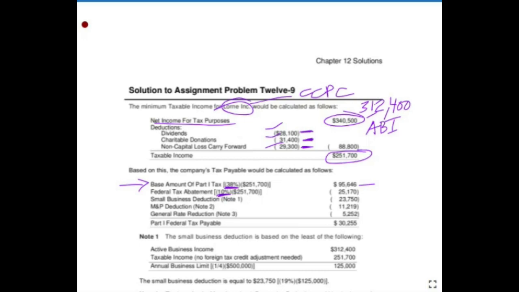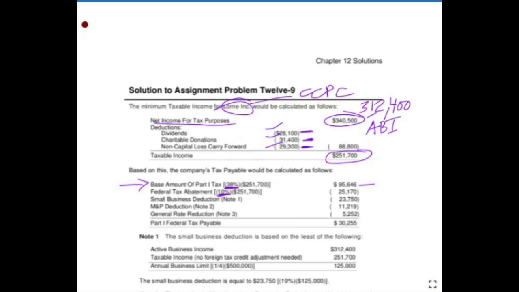So in this case, we do know that we have earned all of that income, right? The whole $251,700 has been earned in a province. So we don't have any issues there. We don't have to reduce any. If some of this income wasn't, then we would just multiply the 10% by a different number.